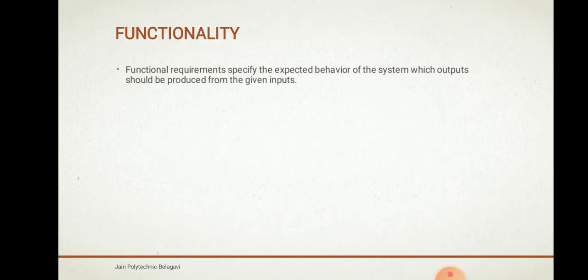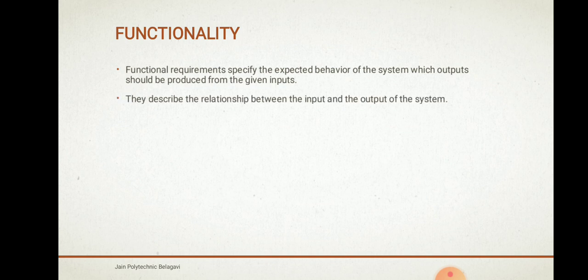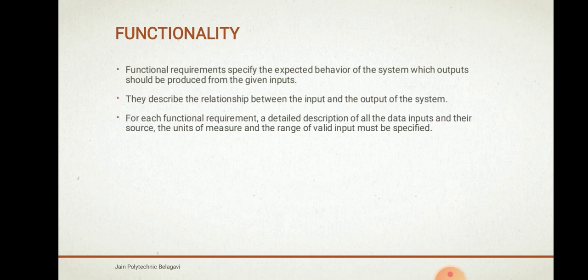Next one is functionality. Functional requirements specify the expected behavior of the system, which output should be produced from the given input. That is, how the system should behave when output is produced from the given input. They describe the relationship between the input and output of the system.